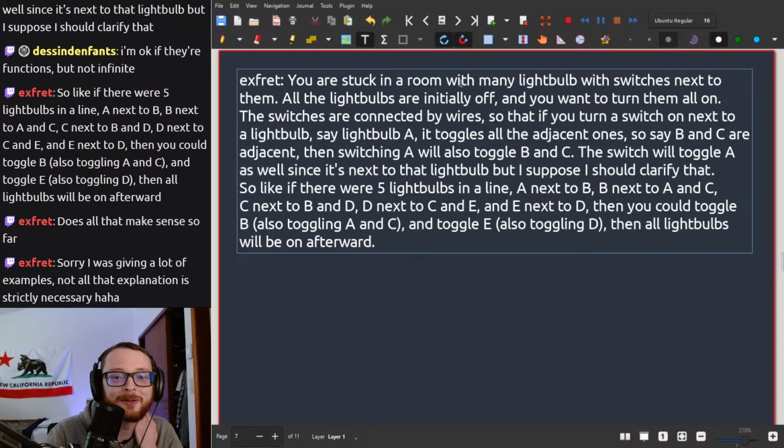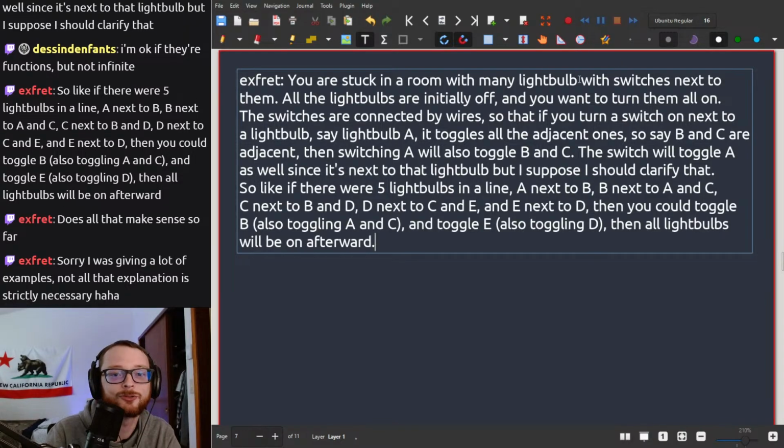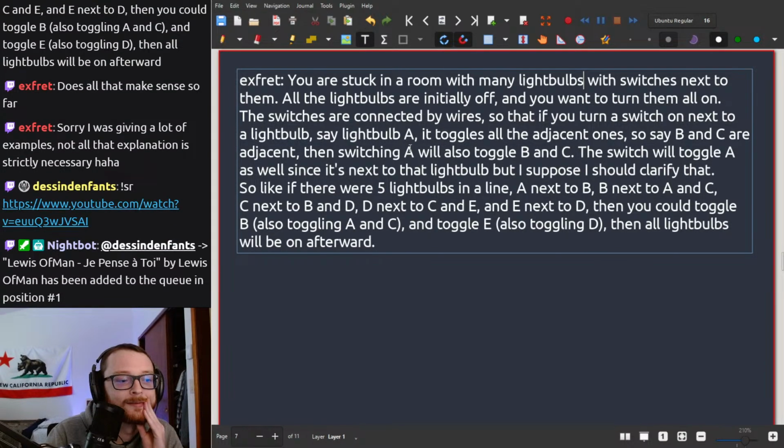Okay. Well, it's here now. You're in a room with many light bulbs with switches next to them. All the light bulbs are initially off. You want to turn them all on. Light switches are connected by wires. Turn a switch on next to a light bulb, say light bulb A. It toggles all the adjacent ones. So B and C are adjacent.